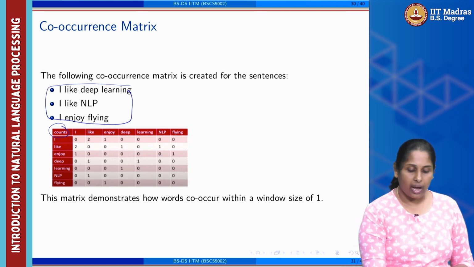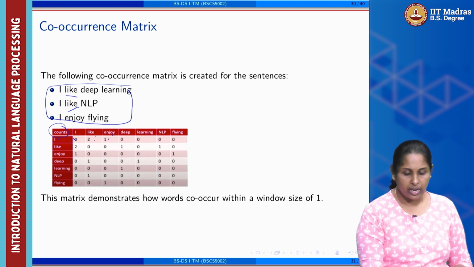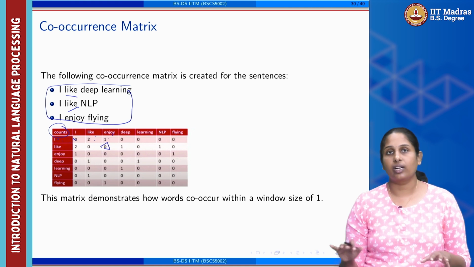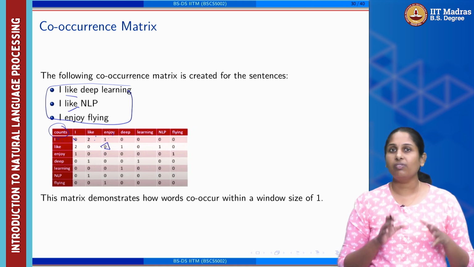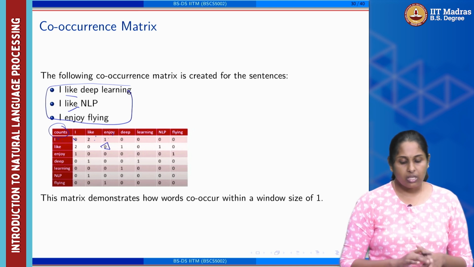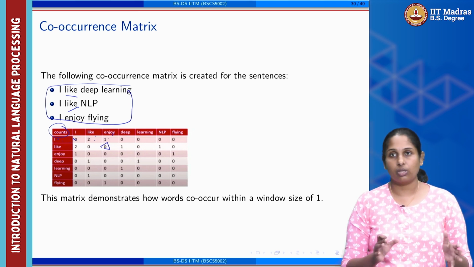Let's say I and I occurred 0 times, but like and I occurred 2 times in the text, right? Similarly, enjoy and like occurred 0 times, whereas I and enjoy occurred 1 time. Similarly, we are trying to understand the co-occurrence matrix of each word with another word in the complete corpus. So this matrix demonstrates how words co-occur within a window size of 1.